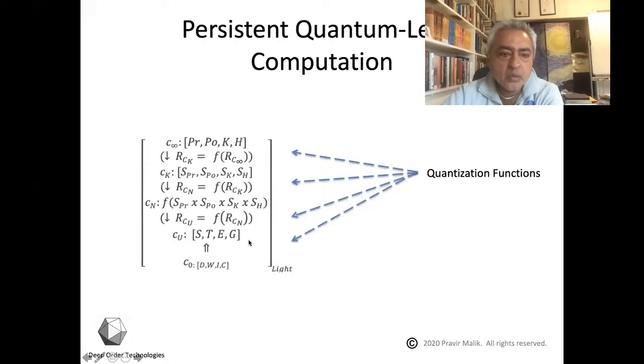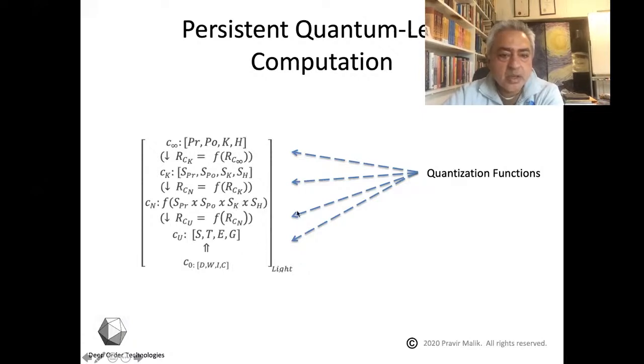And now when we try and focus on this layer where light travels at 186,000 miles per second, a way to think about this layer is that it is the result of a number of different quantizations that are occurring.